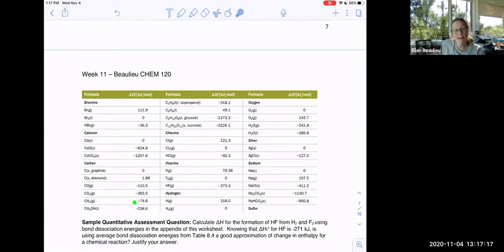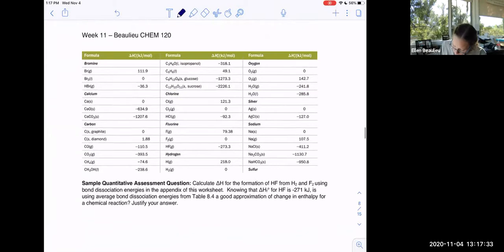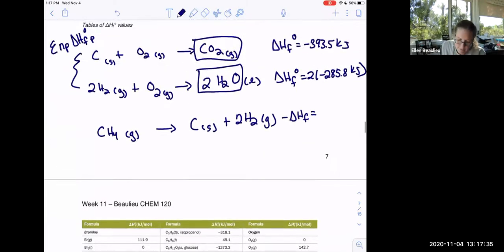I have a delta HF, but that's to form methane. Now I'm breaking up methane, so I need to change the sign of delta HF. I need negative delta HF. So instead of negative 74.6, I am going to add 74.6 kilojoules.